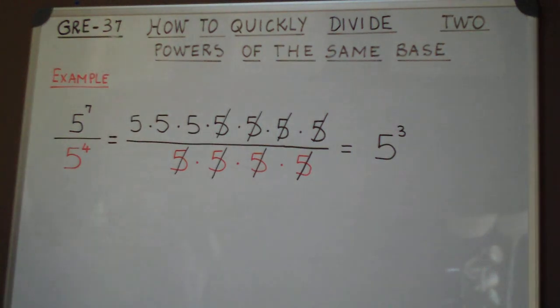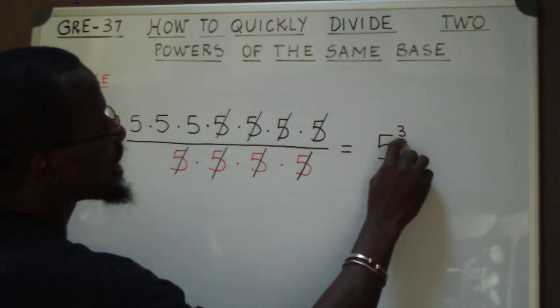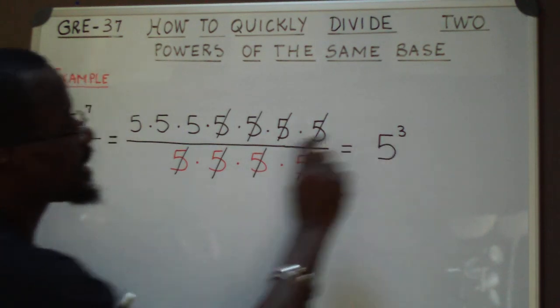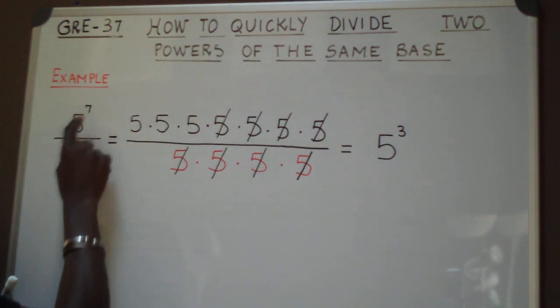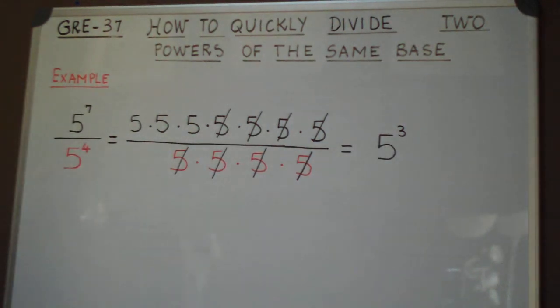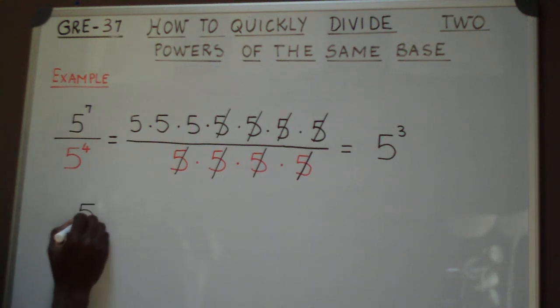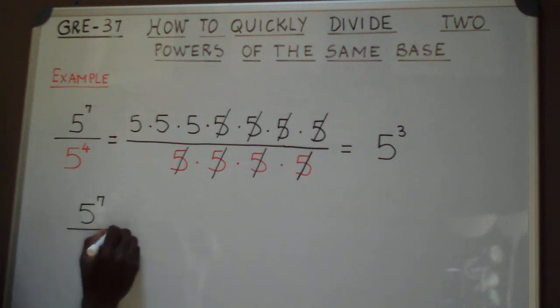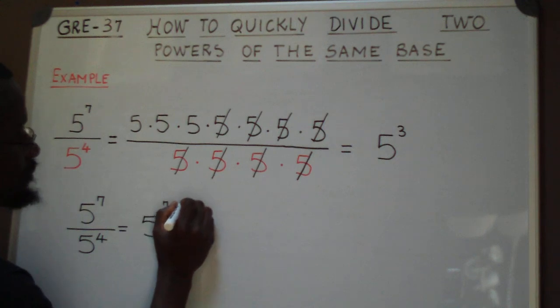But if you look at the answer very carefully, you will see that the 3 here can be obtained by subtracting 4 from 7. We take the 7 and subtract the 4, and we obtain the 3. So we could say that 5 to the exponent 7 over 5 to the exponent 4 is simply 5 to the exponent 7 minus 4.